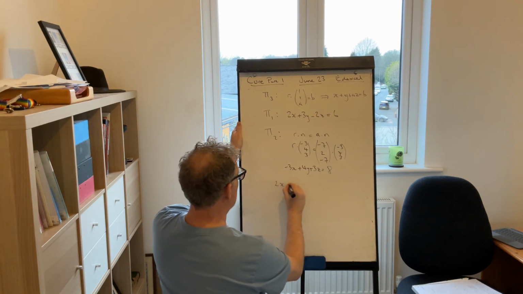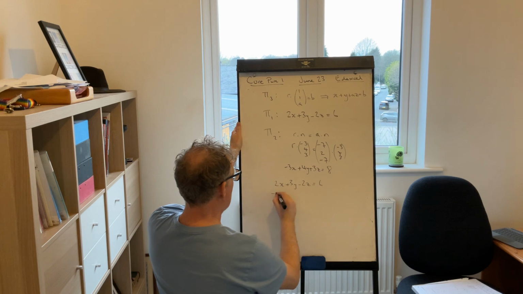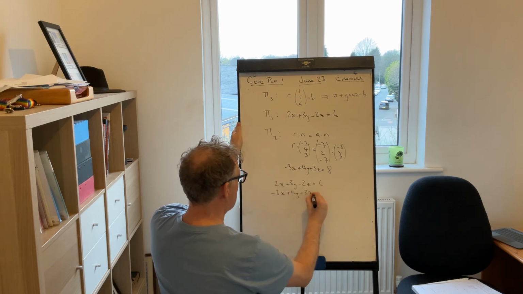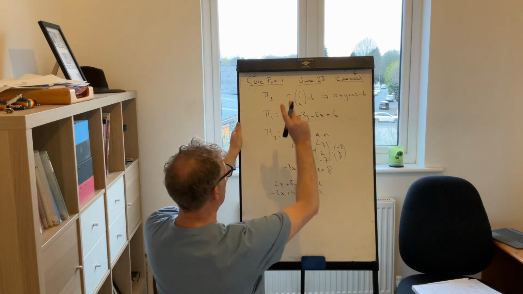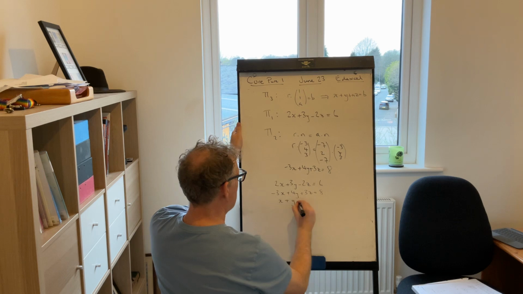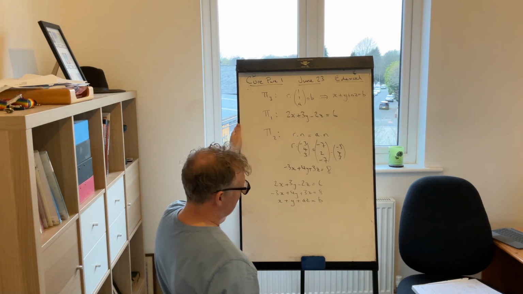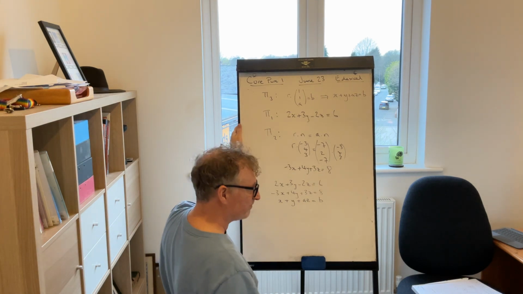So we've got 2x + 3y - 2z = 6. Pi 2, we've got -3x + 4y + 3z = 8. And then pi 3 is x + y + az = b. So there's not a unique solution.